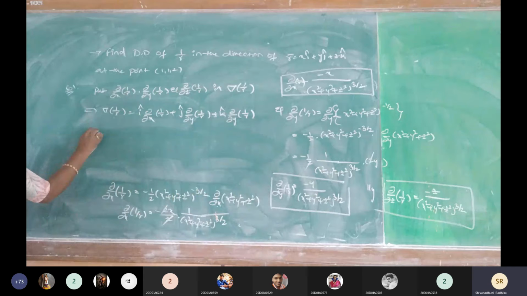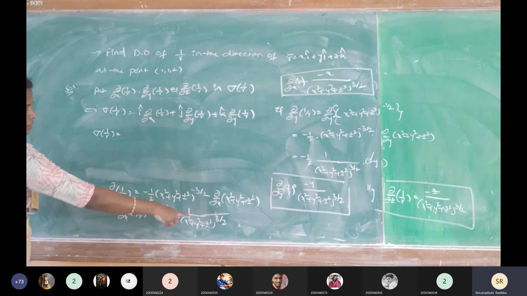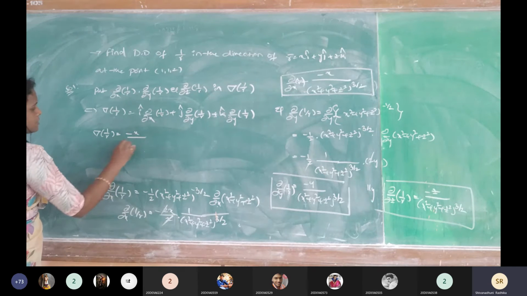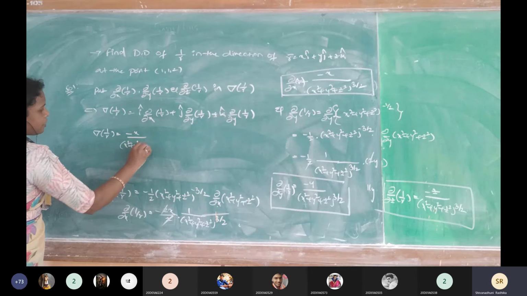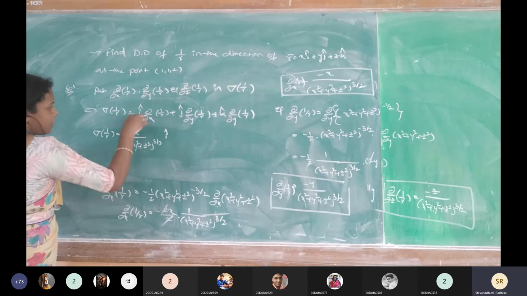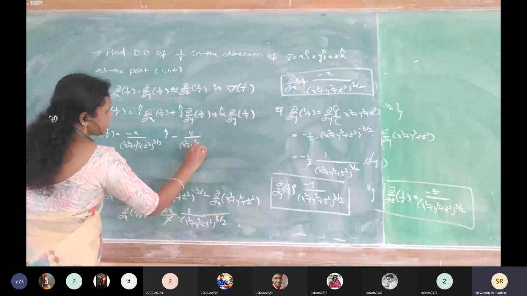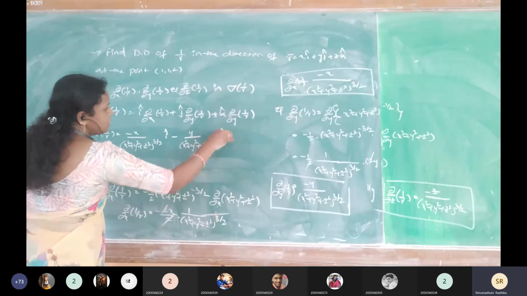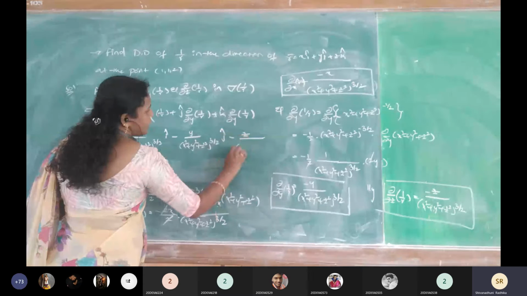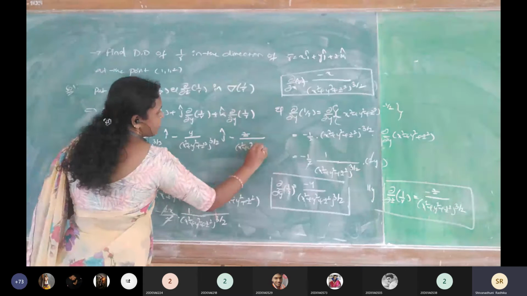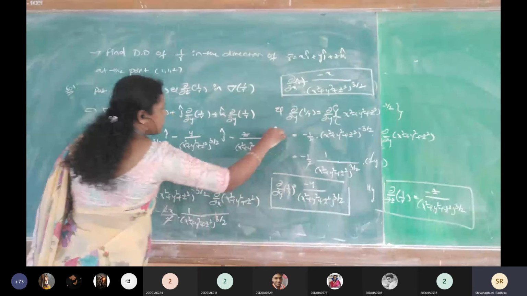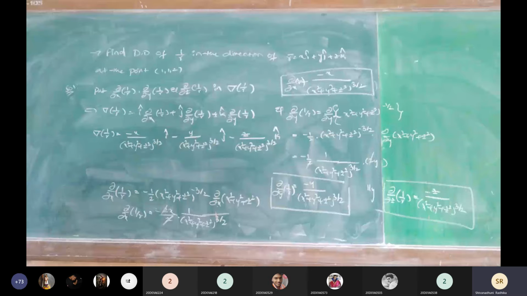So del of 1 by r equals minus x by x square plus y square plus z square to the power of 3 by 2 i cap, minus y by x square plus y square plus z square to the power of 3 by 2 j cap, minus z by x square plus y square plus z square to the power of 3 by 2 k cap. So that's del of 1 by r, which is the gradient of 1 by r.